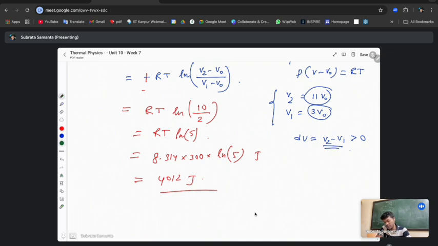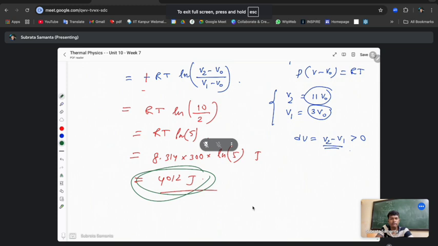So this is the answer. Okay, so let's check the options. 4012 joule. First of all, so far any questions? That is important. If you have any doubts or questions, then I will match the answers.